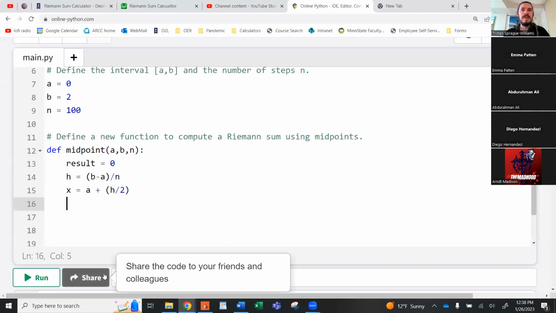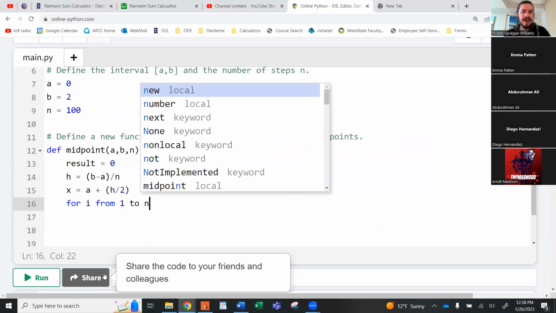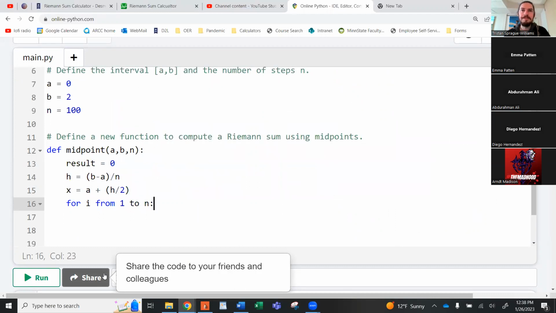All right, so how are we going to do this incrementing? We're going to go from i equals 1 up to n using what's called a for loop. So we're going to go for i from 1 to n. I think that works. Colon.